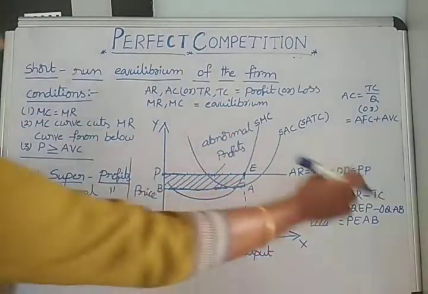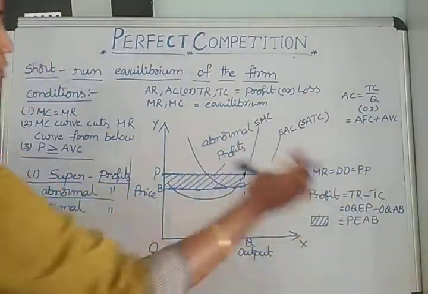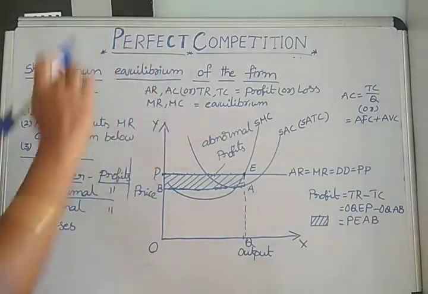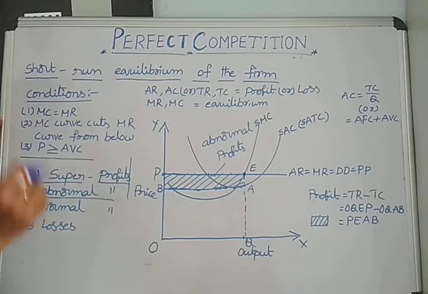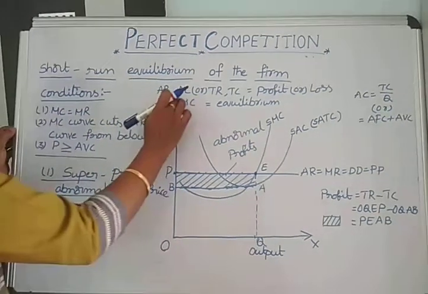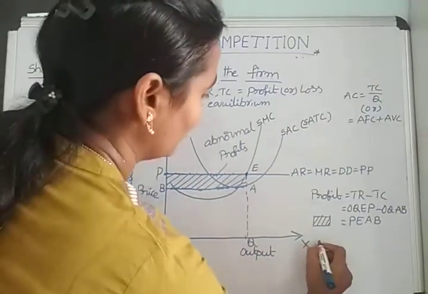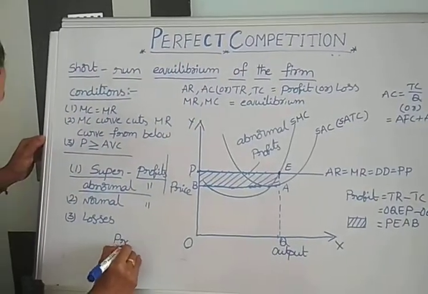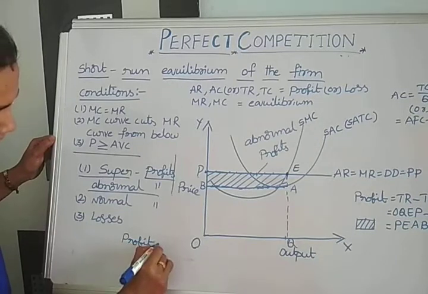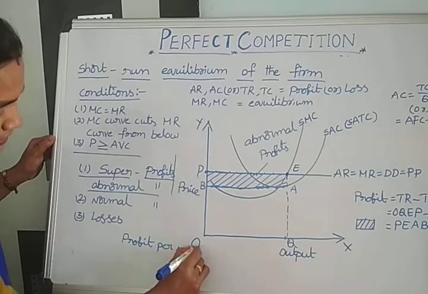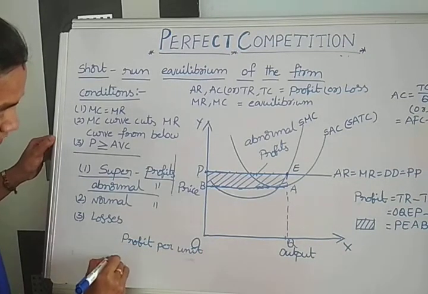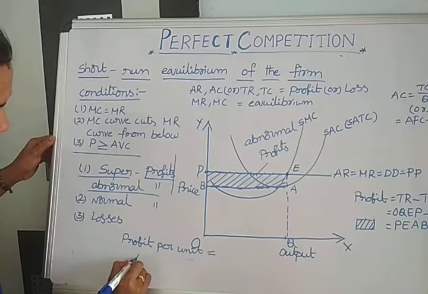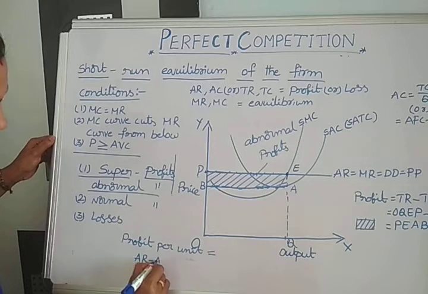So if we use this formula for finding profit, then it is the total profit of the firm. Then on average, for each commodity, how much profit they are getting, we use AR and AC. So profit per unit equal to, the formula is AR minus AC.